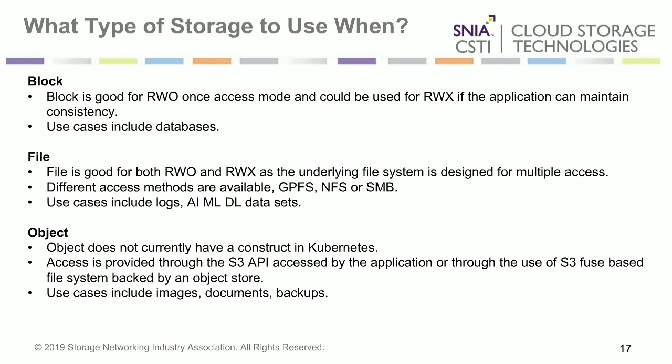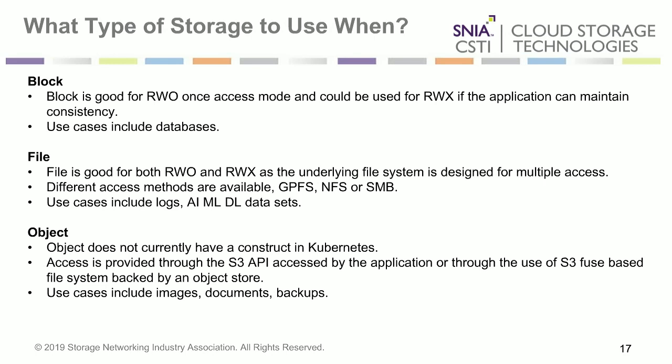And last is object, which is not really part of Kubernetes use cases at this point in time. It's not a construct in Kubernetes. You can't just provision a bucket on an object store that you can use. Generally, access is through an S3 API that the application is using. So your container application would just write directly through the S3 interface to the object store.